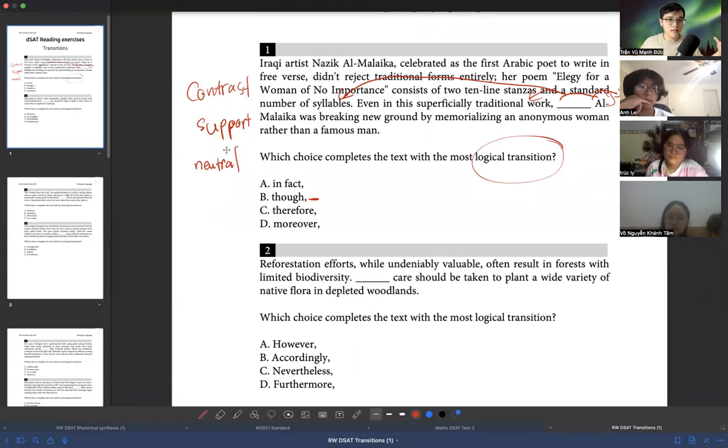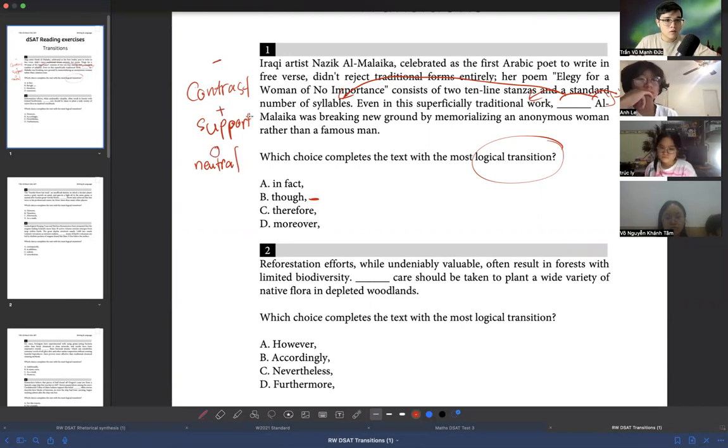You're not directly contrasting or directly supporting anything. You just continue the conversation. That is essentially what neutral is. But in contrast and support, it will be more apparent. I would say contrast will be minus, support will be plus, and neutral will be zero.